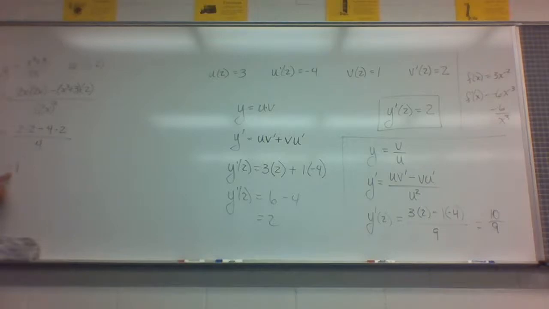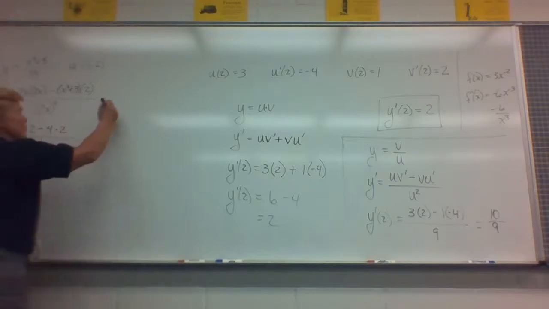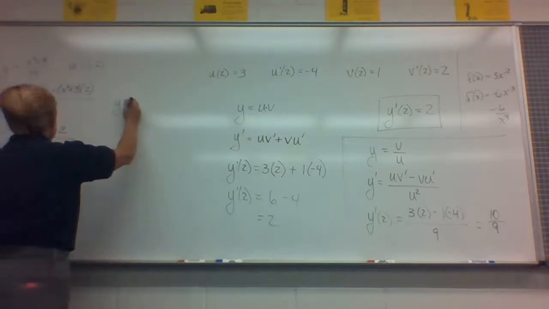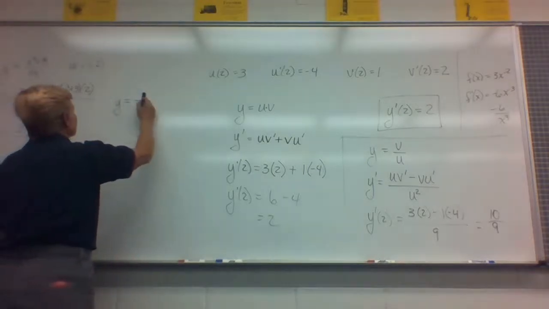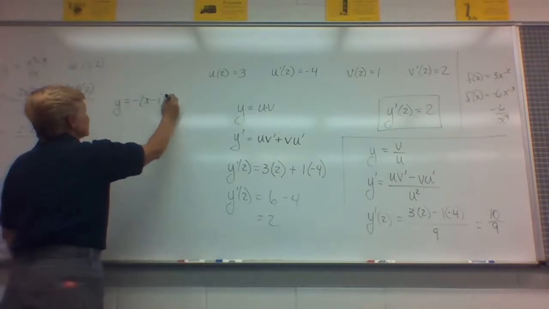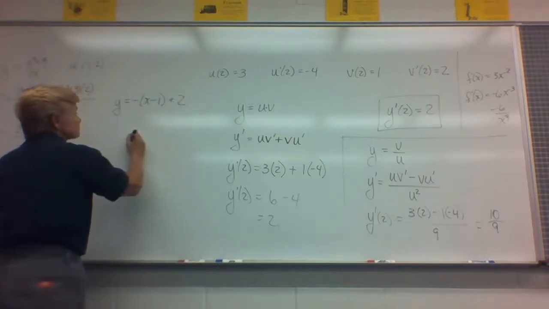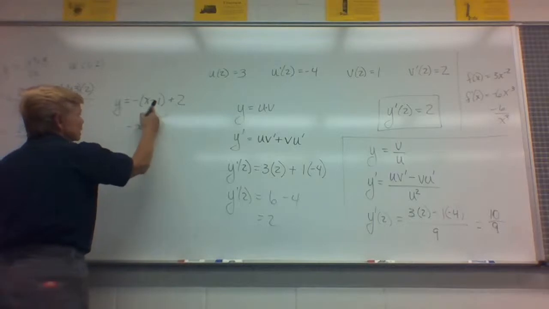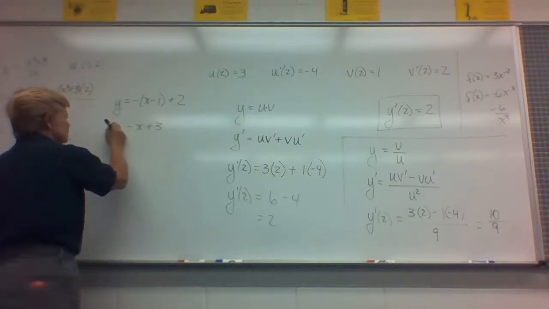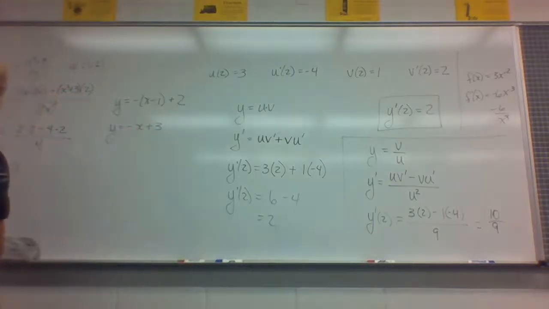The opposite of that is 1. You need an opposite reciprocal. But that isn't what they said. They said write the tangent line. So here's what we do. y equals negative 1 times x minus 1 plus 2. That's negative x plus 1 plus 2.